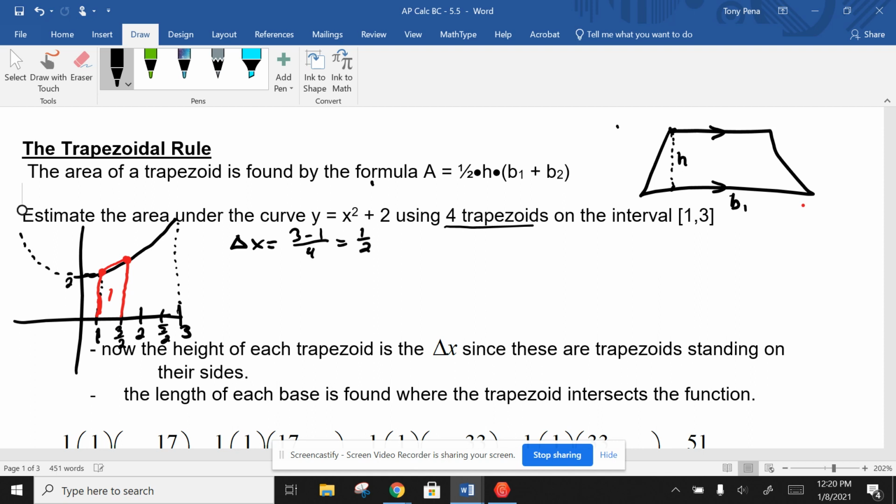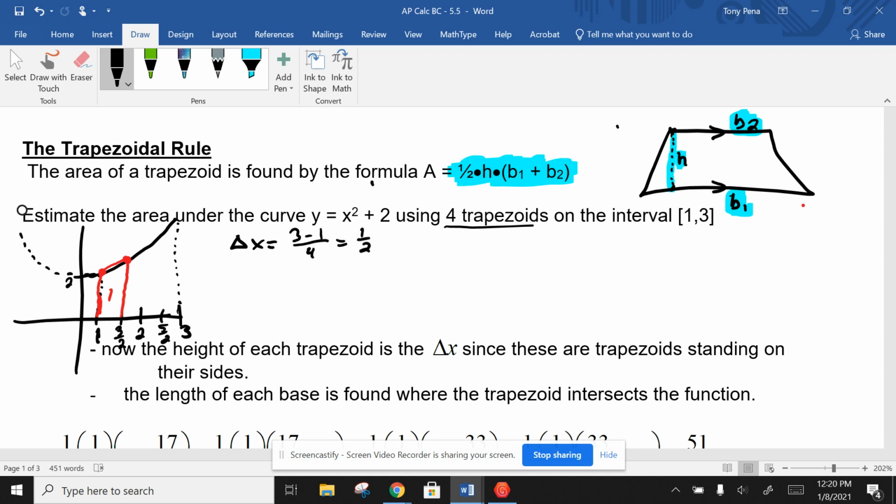And the parallel sides are considered your bases. So when we use this formula, that's the area of a trapezoid. The bases are always your parallel sides, so B1 and B2 are the parallel sides. And then the line segment that connects those is your height. That's how we plug into all of these. That's probably something we should have talked about real quick at the beginning. Just make sure you remember what a trapezoid is, the area, and all the components that make up the trapezoid.